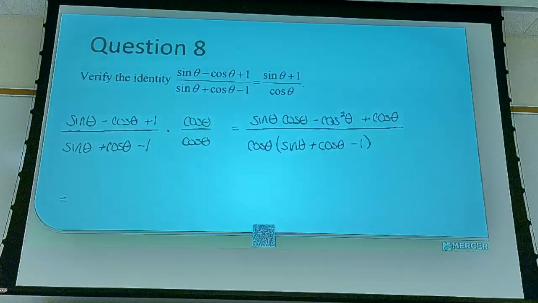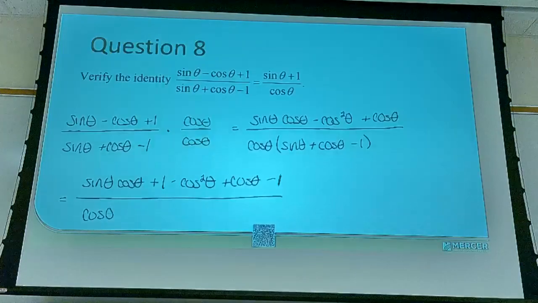A little bit of rearranging. Maybe I don't need to rearrange just yet. Notice what I did.